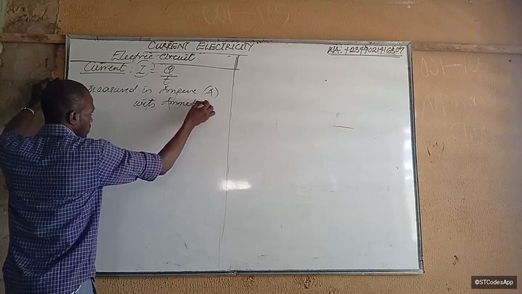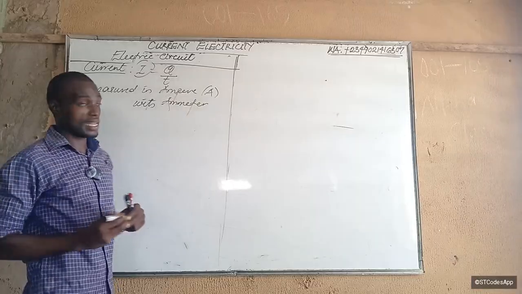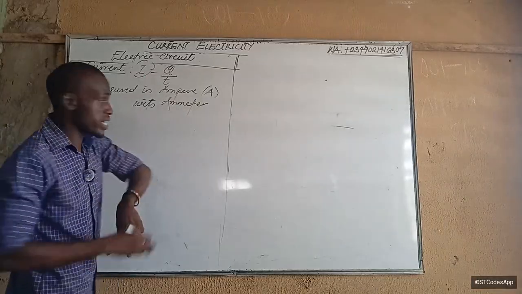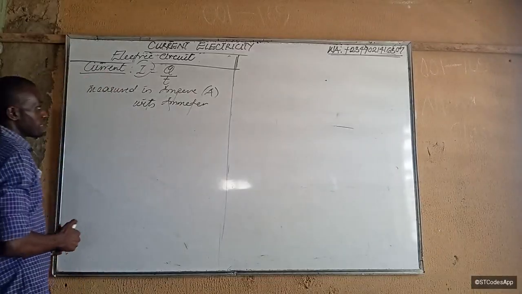Don't forget that, an ammeter. That's the device. This is the unit. Is that clear? This is the symbol, and this is the symbol for the unit.